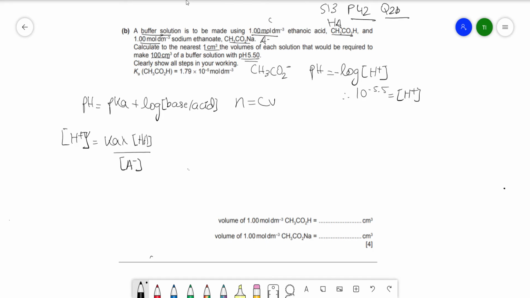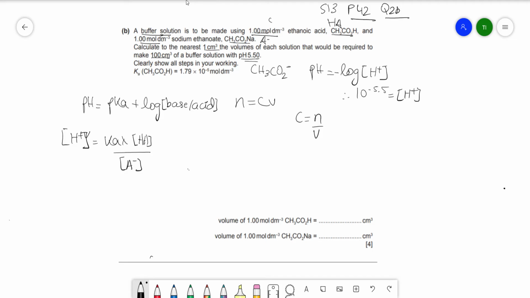Now, in an ideal buffer solution, where both moles of acid and base are equal, the pH would be 7. However, that isn't the case here because the pH is 5.5. That means in the buffer solution, there are more moles of one and fewer moles of the other. So you make concentration the subject, n by V.